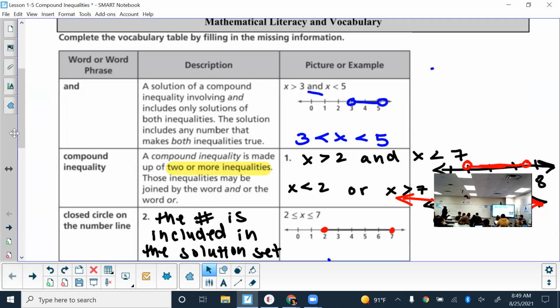Or if I said we need to have between 2 and 7 students. So it's situations like that. If it's an and statement, then the solutions have to be true for both inequalities. So the solution includes any numbers that make both inequalities true.